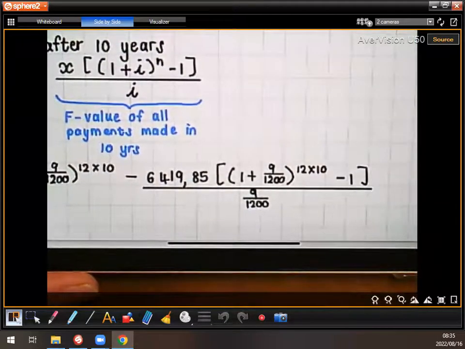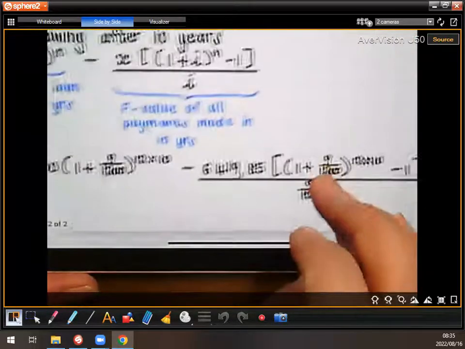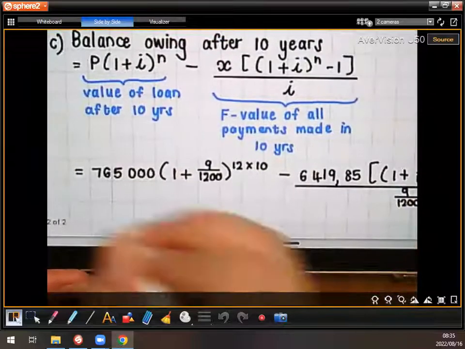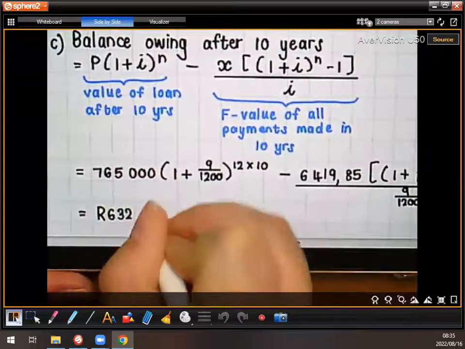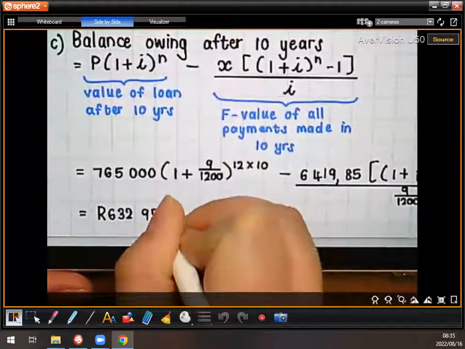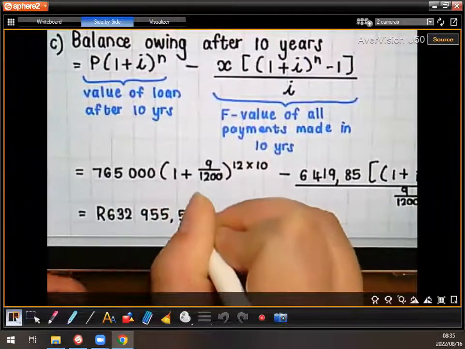So I'll just do it quickly. Okay, I am getting 632,955 rand and 53 cents.